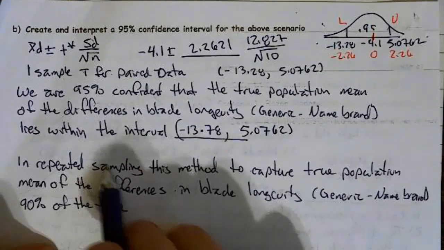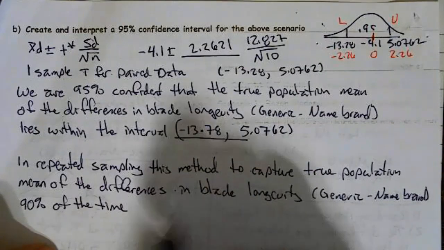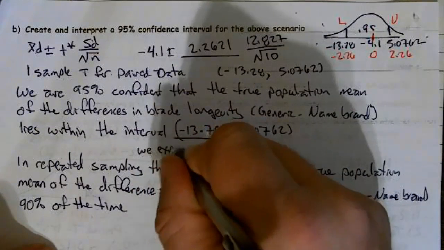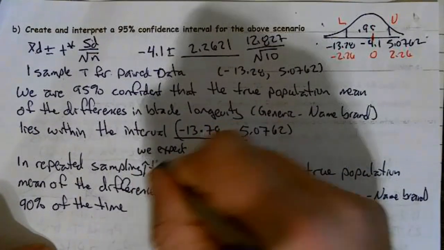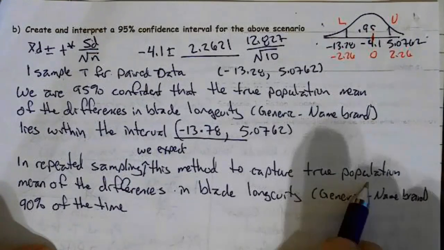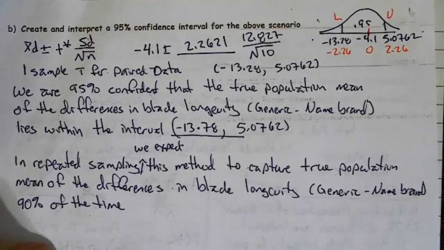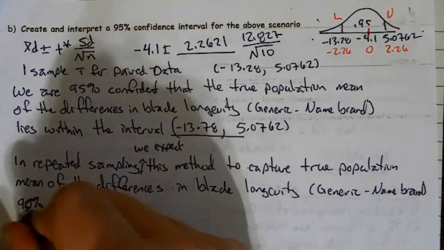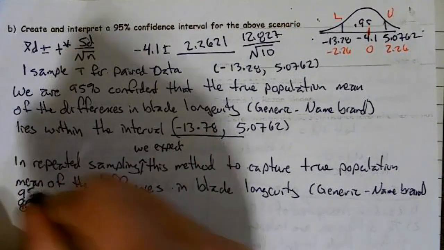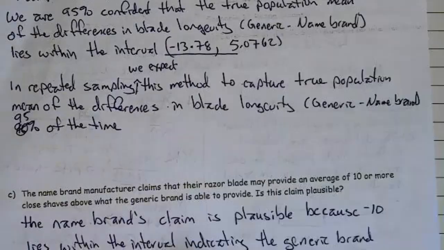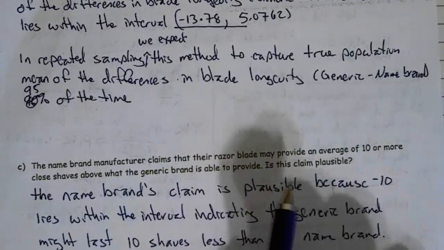And in repeated sampling, we expect this method to capture the true population mean of the differences in blade longevity 95% of the time.